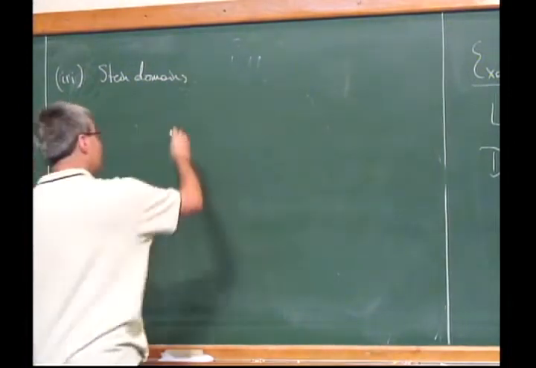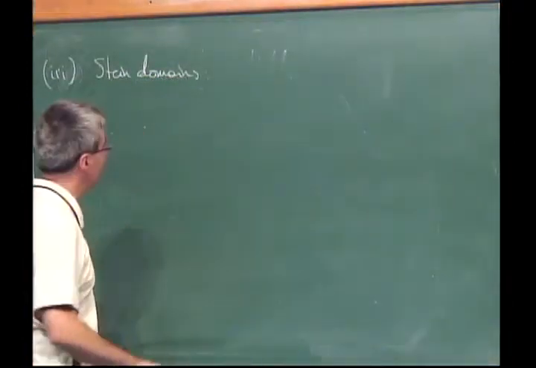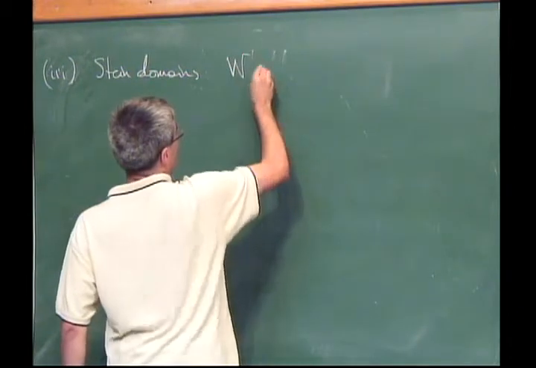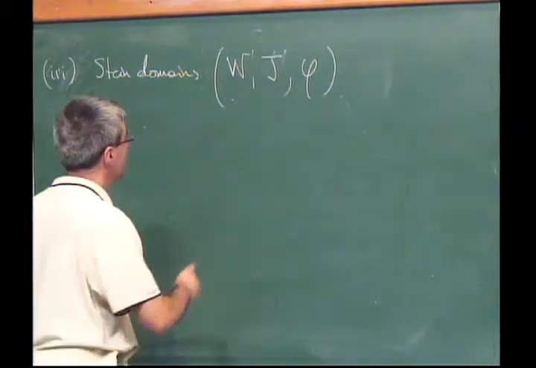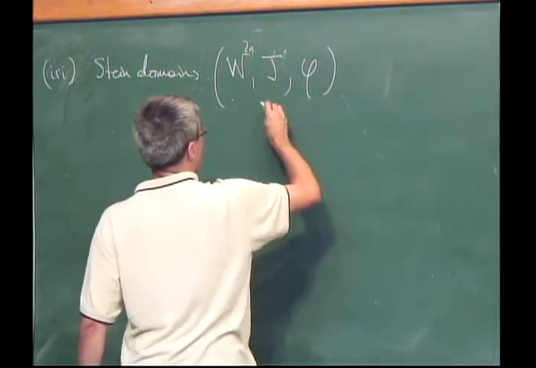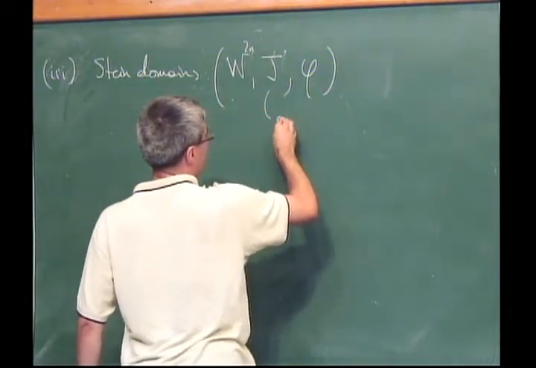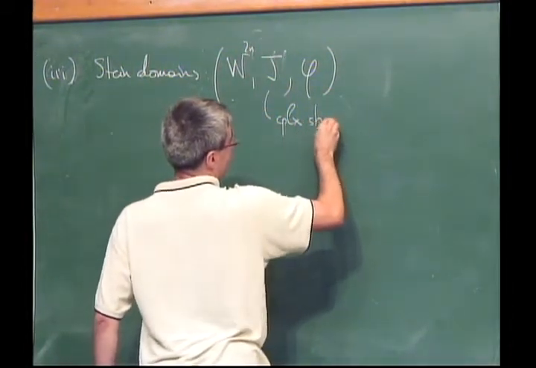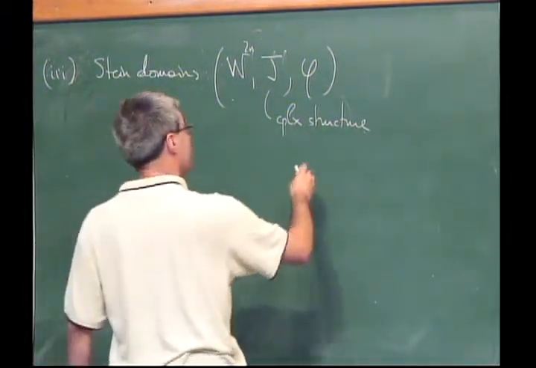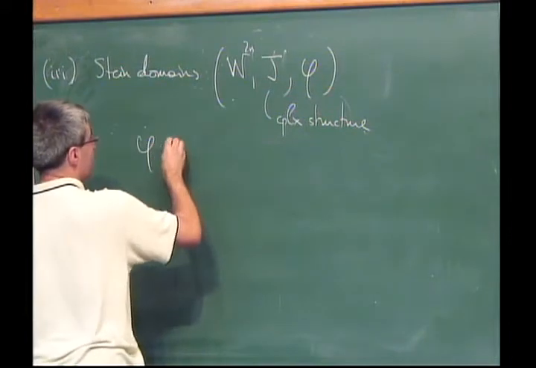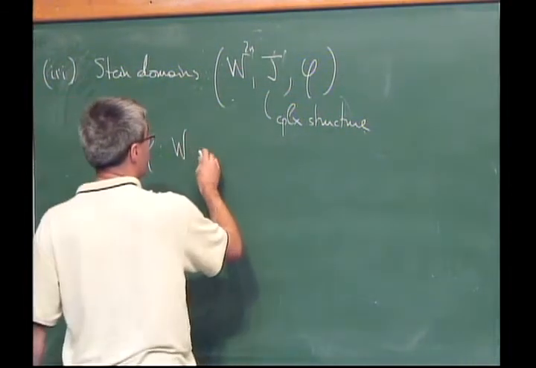So a Stein domain is a complex manifold with a complex structure J, and phi is what's called a plurisubharmonic function.